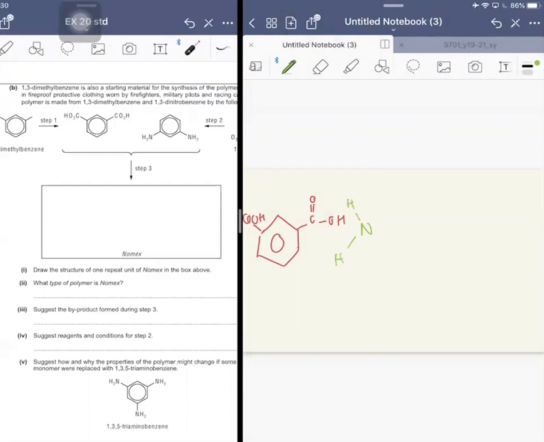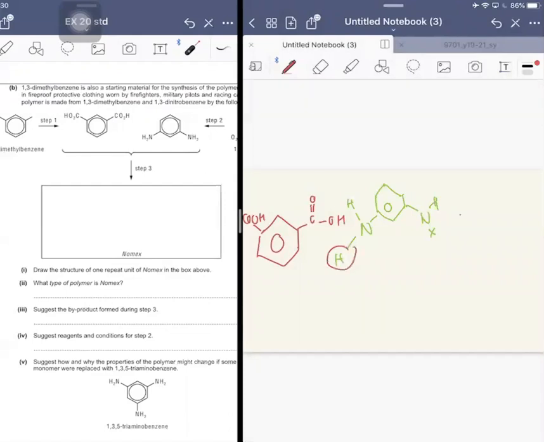I purposely make it like that. And then on the other side, you also have NH2. Remember that you can still continue to go on. Oh, repeat unit, okay? First you have to think about the condensation reaction.